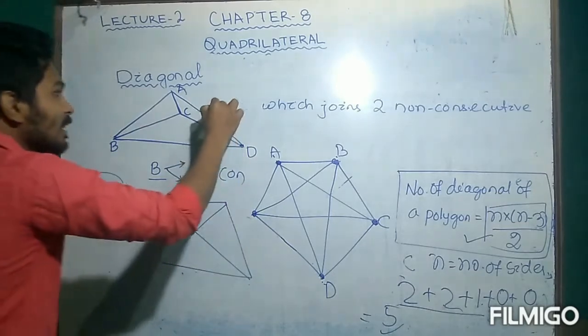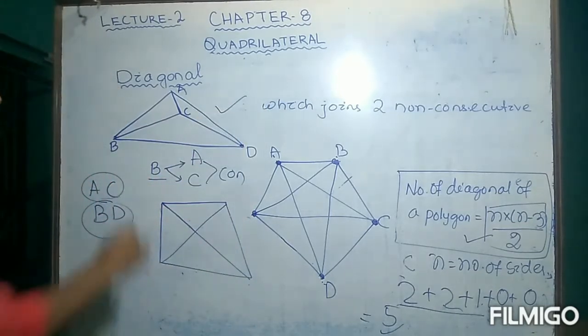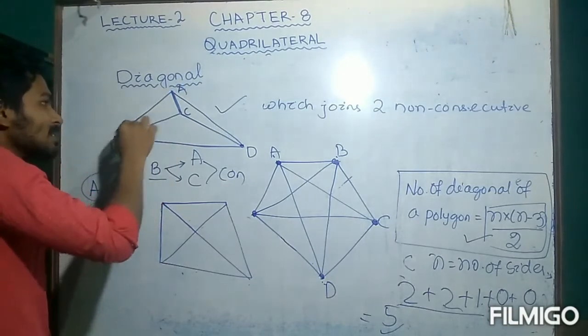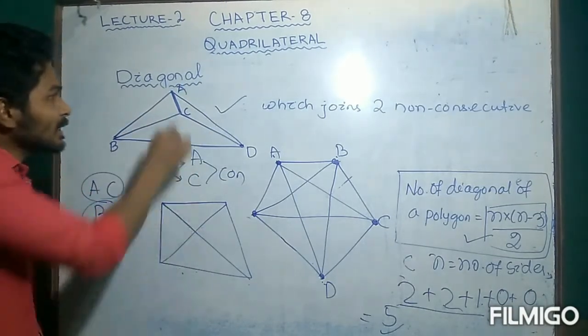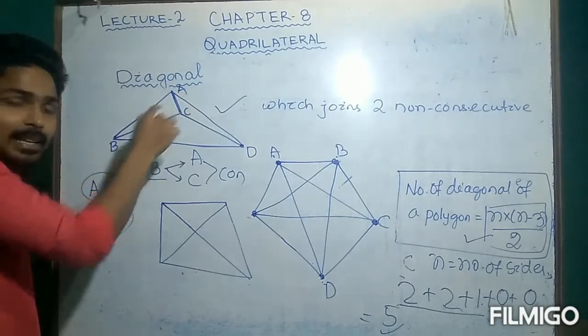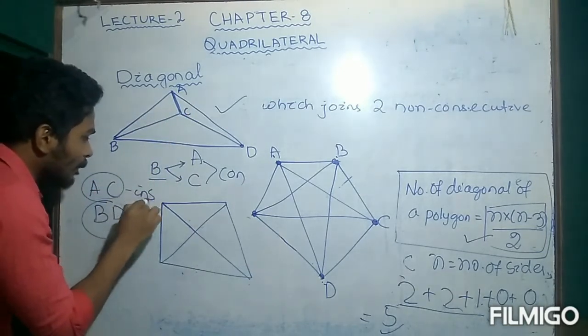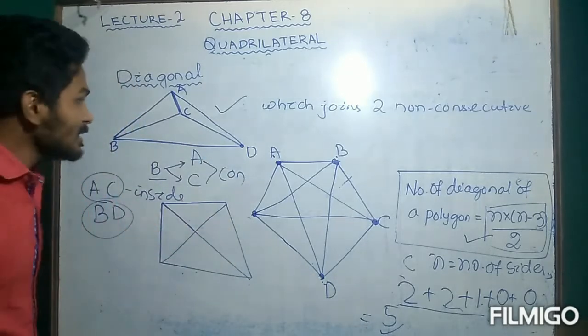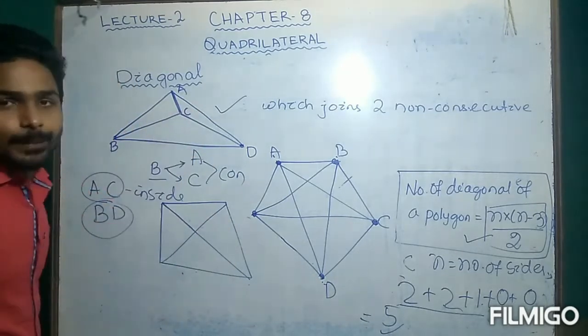Now look at this figure carefully. As you can see, in this figure the diagonal AC lies inside the figure, isn't it? Here the diagonal AC lies inside the figure, but the diagonal BD lies just outside the figure.